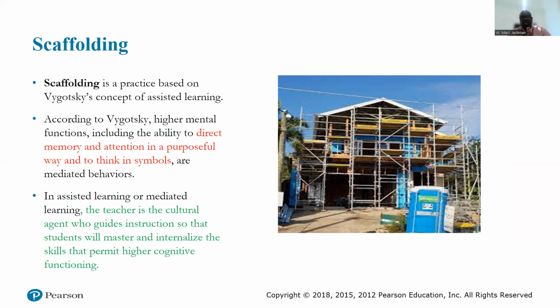So the individual is able to focus, is able to pay attention to what is important, to follow through on what is required. And they would need the support of the teacher to guide, to help them to master and internalize the skills that will help them to move on to the next level.